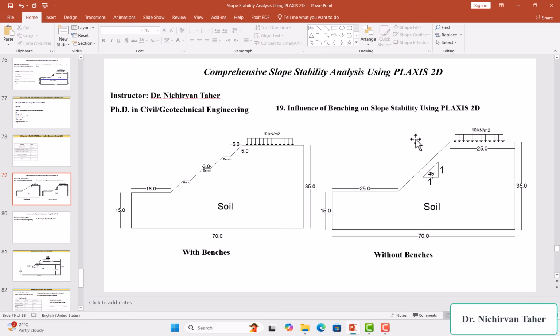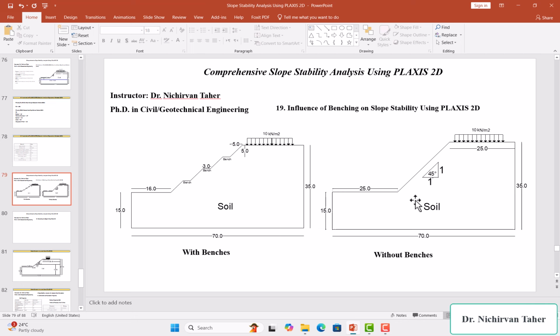So in this lecture, we will explain the effect of benching on slope stability. Benching is one of the solutions to increase the safety factor of a steep or high slope. Sometimes in practice we have a high slope.